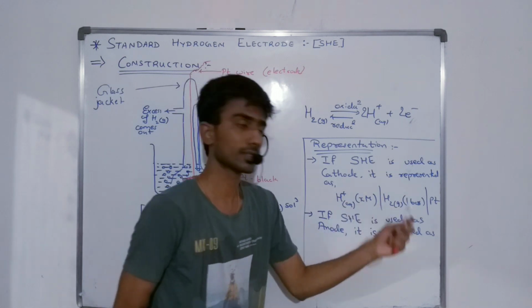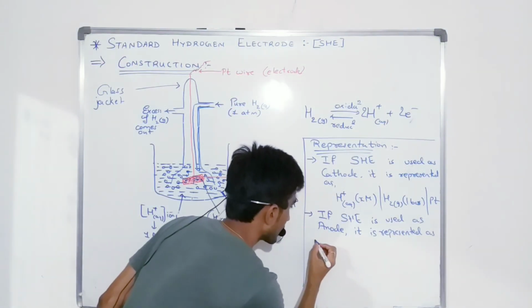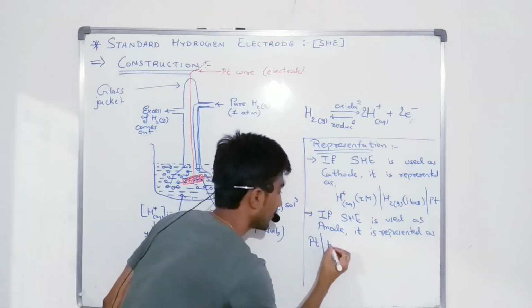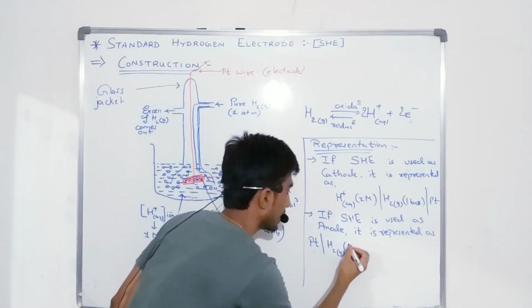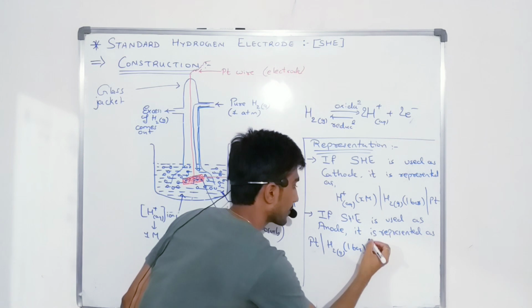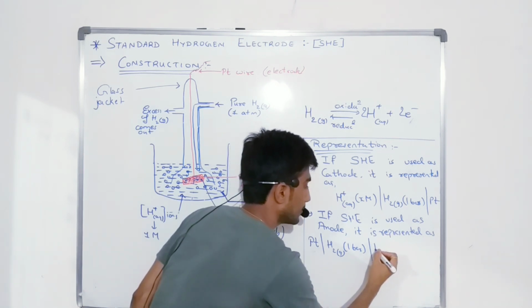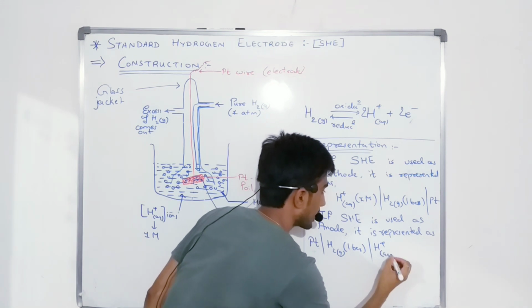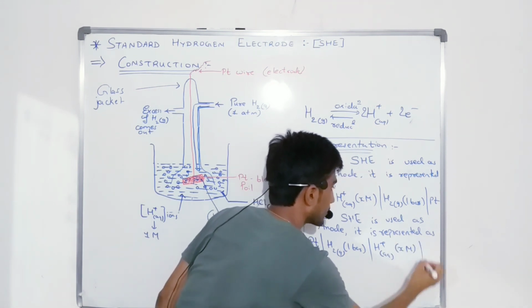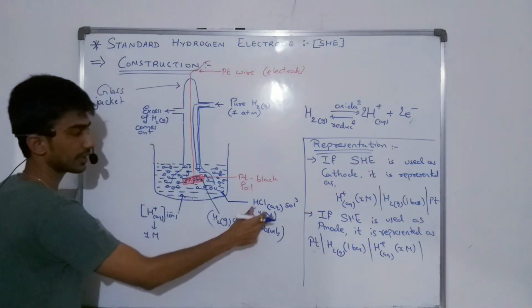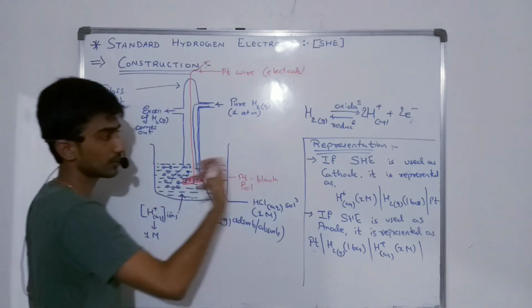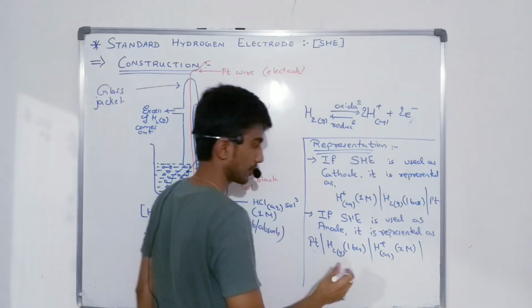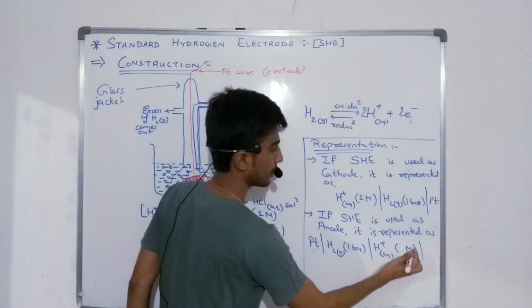Hydrogen will lose electron. So platinum, hydrogen gas 1 bar or 1 atmosphere, whatever, to H plus aqueous X molar or 1 molar. Here we have taken 1 molar. So for this we'll be writing 1 molar.